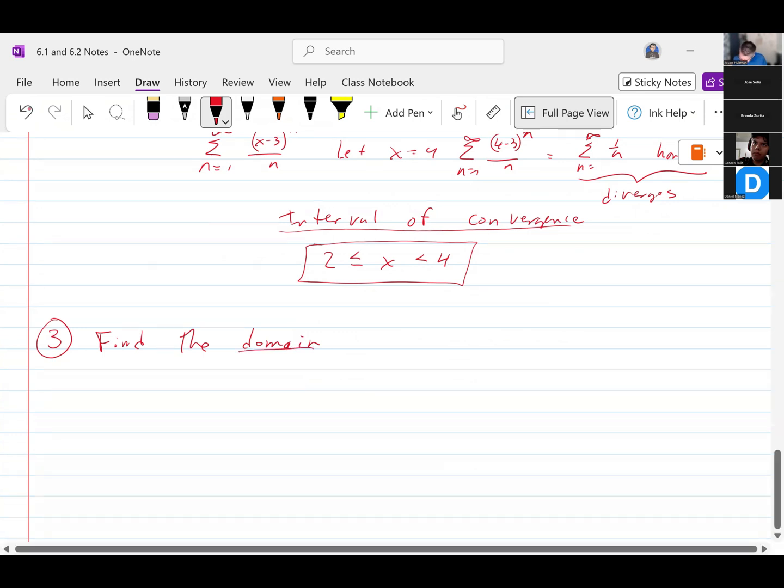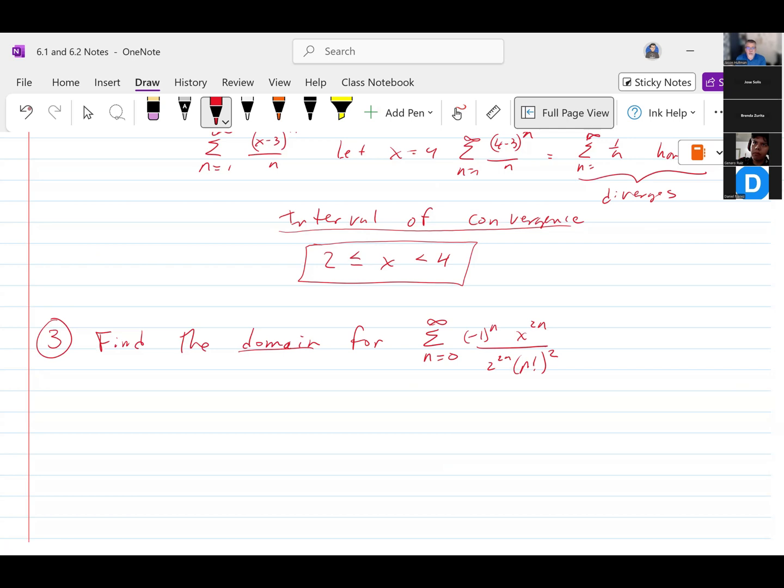Find the domain for the sum from n equals 0 to infinity of (negative 1) to the nth, so this is an alternating series, x to the 2n over 2 to the 2n times (n factorial) squared. Well, that's a big one. We want to know for what values of x this is going to converge. Otherwise, it diverges.